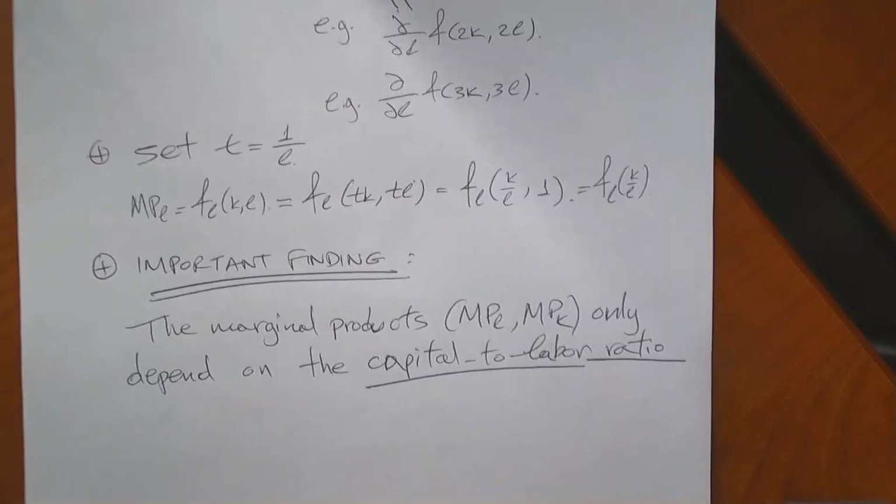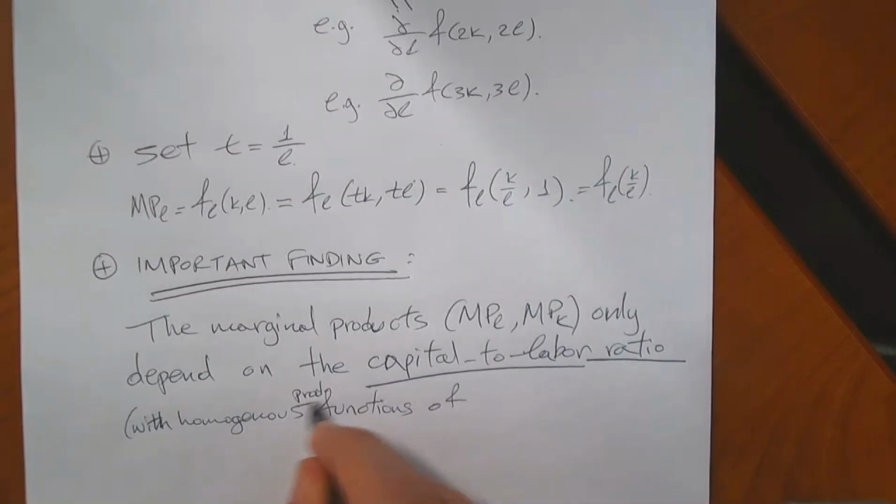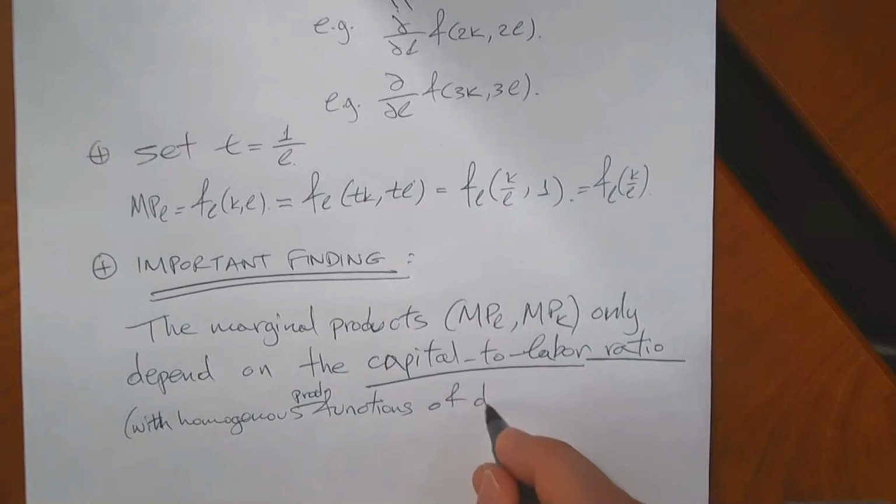In this particular type of production function, when you have a homogeneous function of degree 1, right? These are production functions, just generally for functions of degree 1.